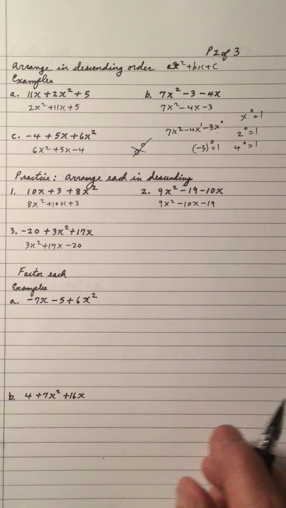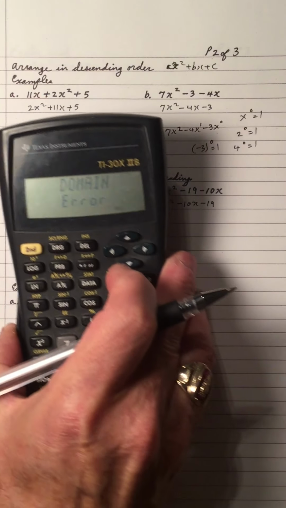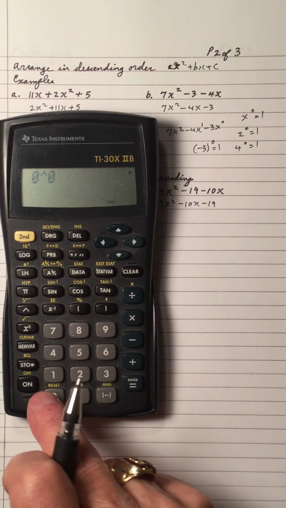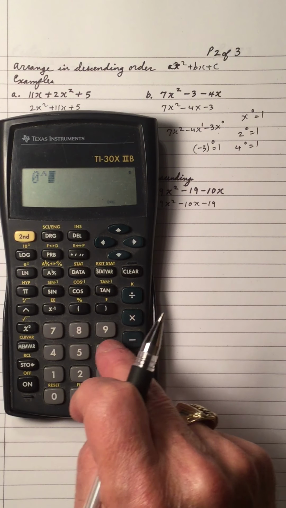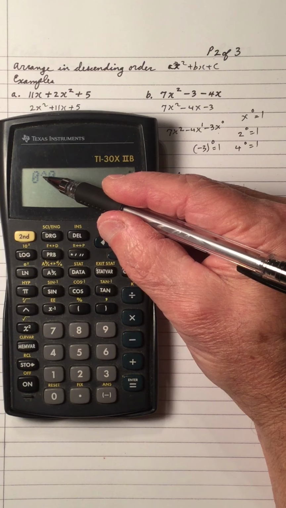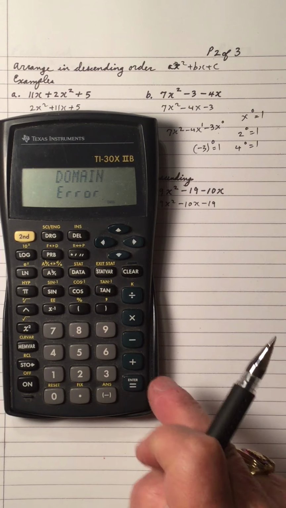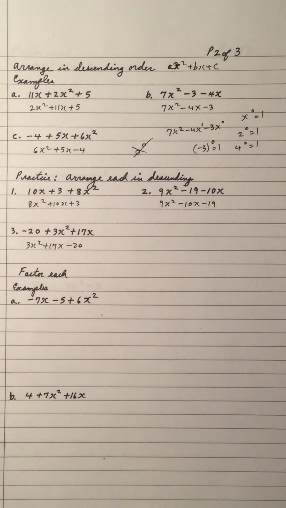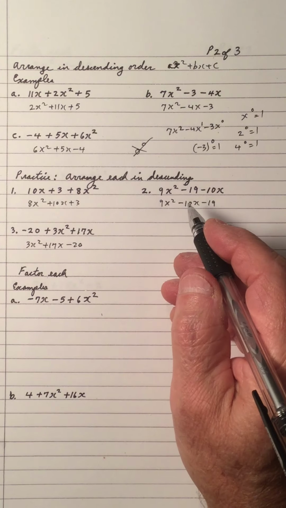Let's see. 0 to the 0 power. That means the power, to a power of. And we have an equal sign, notice, can't do it. So 0 to the 0 is undefined. But any other number to the 0 power is 1. And I thought I might explain that.